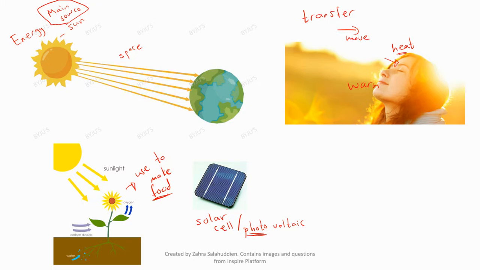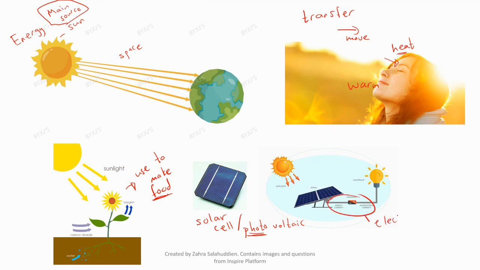So a solar cell takes the energy from the sun and changes it into electrical energy. This device that changes light energy to electrical energy is called the solar cell. We put many of them together to make a solar panel.